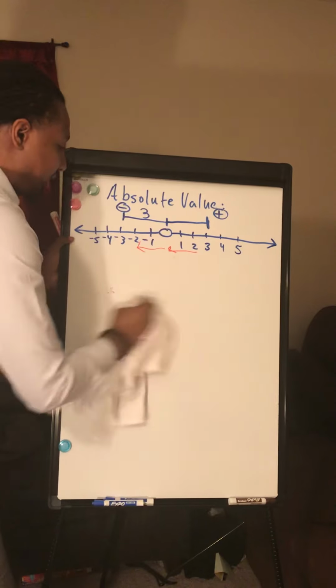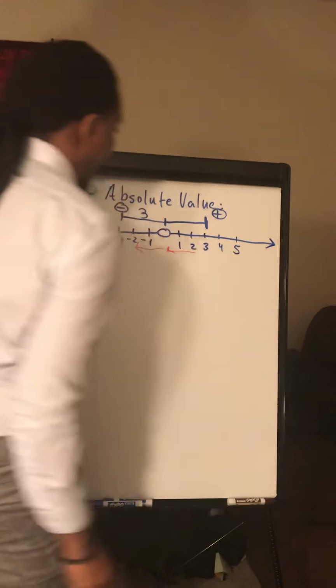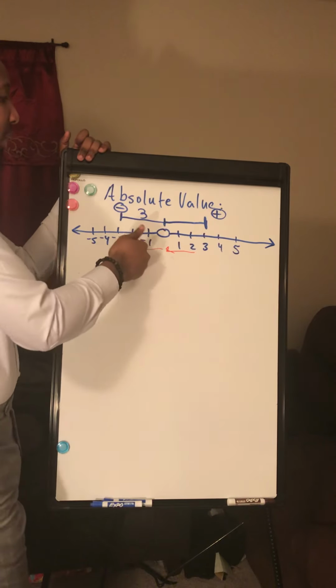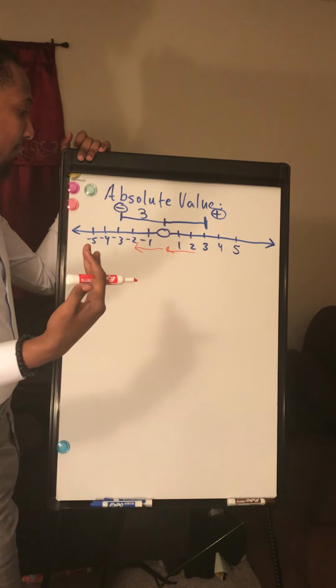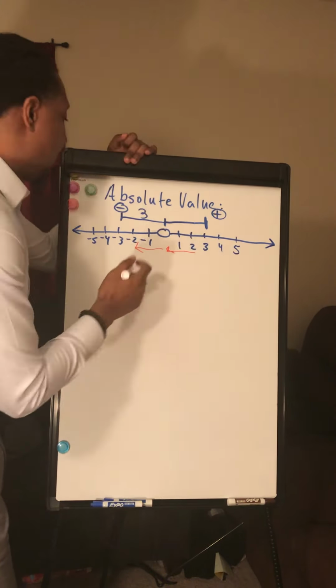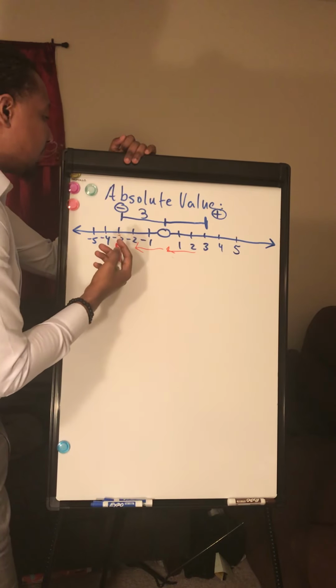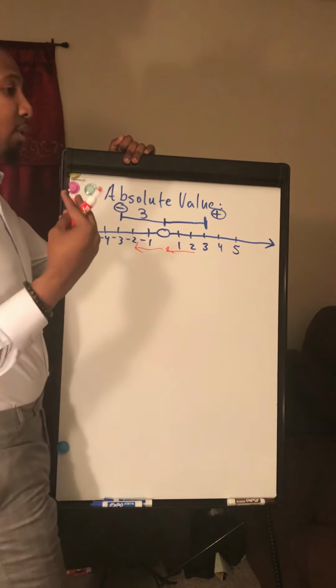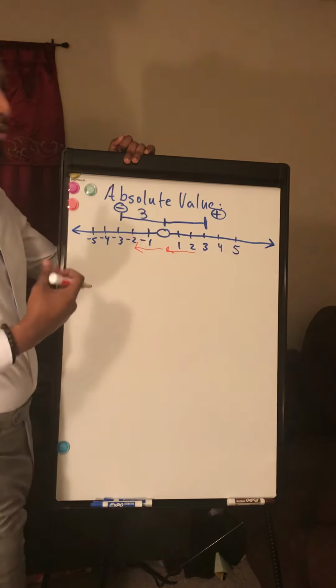Now, about the distance between 2 numbers on a number line. How do we find it? The distance is defined as the absolute value of the difference of those 2 numbers.